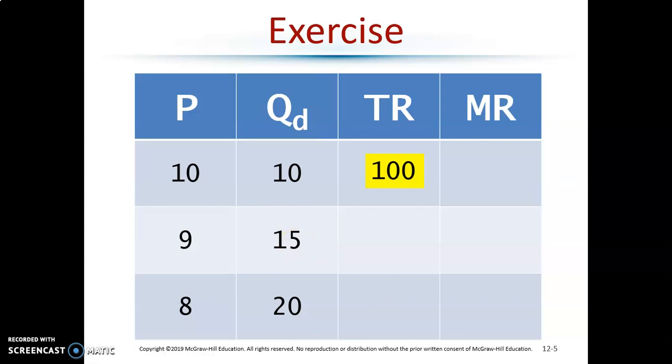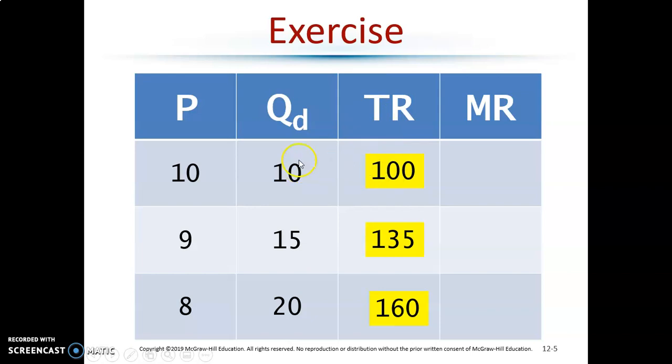So the total revenue, price times quantity, 10 times 10 equals 100. Over here, 9 times 15 gives us a total revenue of 135. And then, of course, 8 times 20 gives us a total revenue of 160. The change in total revenue, let's start from 0 to 100, is 100.